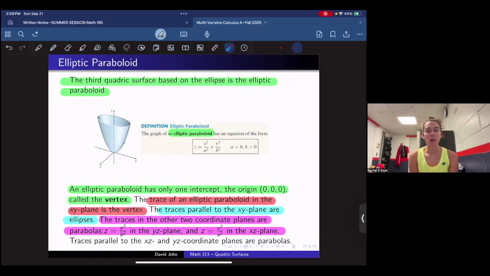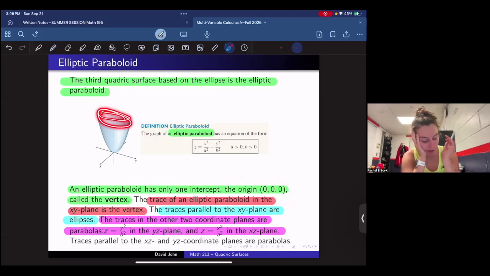The properties are where there are some differences. It has, once again, one intercept, the origin, also known as the vertex. The trace of an elliptic paraboloid in the xy plane is the vertex, and the traces parallel to the xy plane are ellipses.